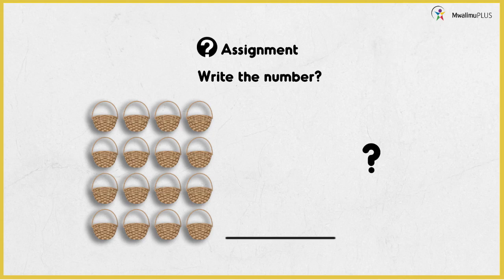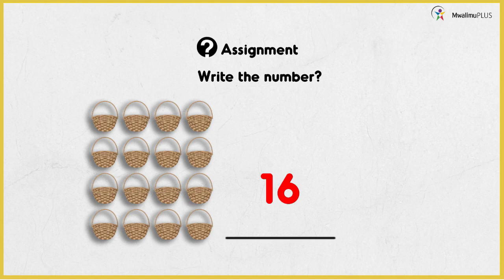Yes, how many baskets are those? Aha! That is good counting. The baskets are 16. How do we write 16? We write 16 as 1 and 6. Good. So the baskets have represented the number 16. So the baskets here are objects. That's all about numbers with objects.